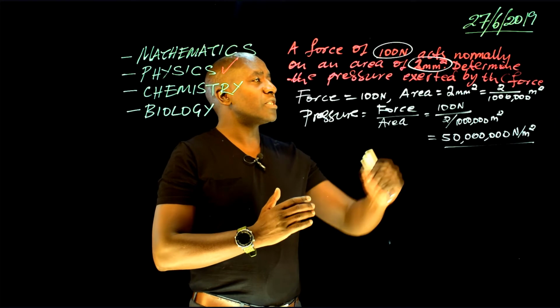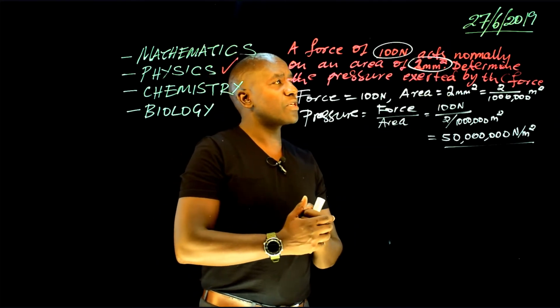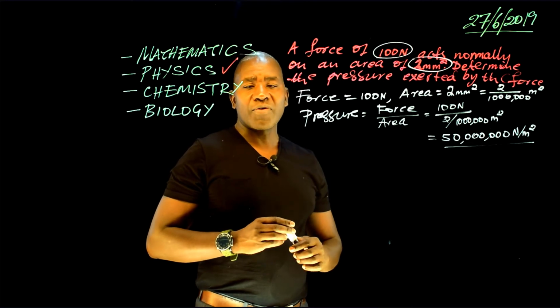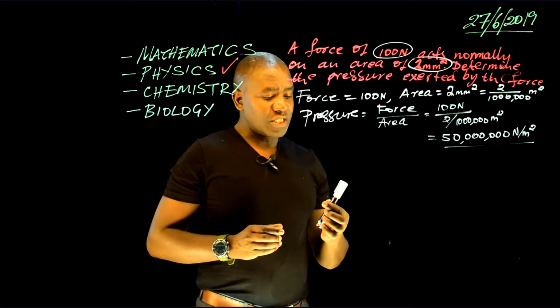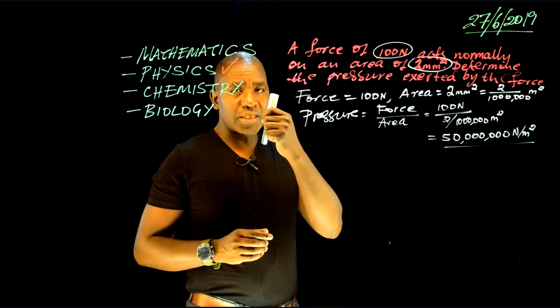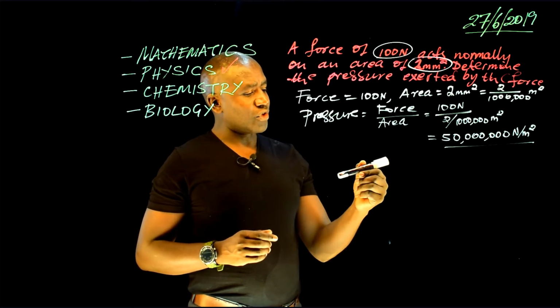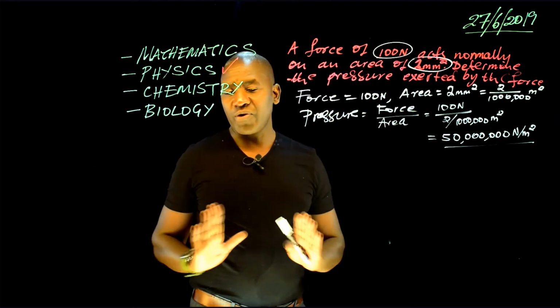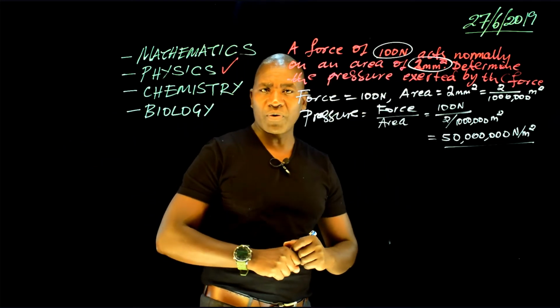I'm recording this video on 27th June 2019, and that is on Thursday. That is the date when I received my special pens, the neon dry erase markers. Quite good when they are used on the Lightboard.